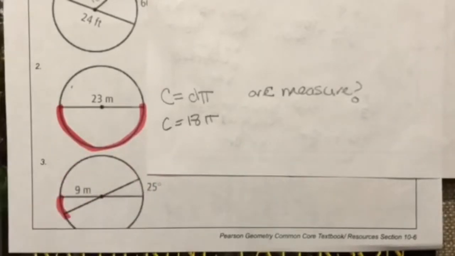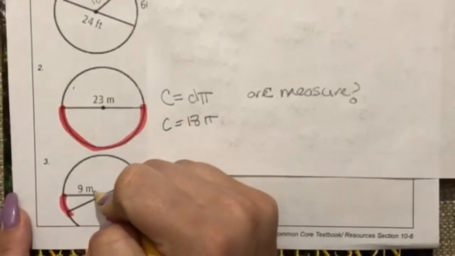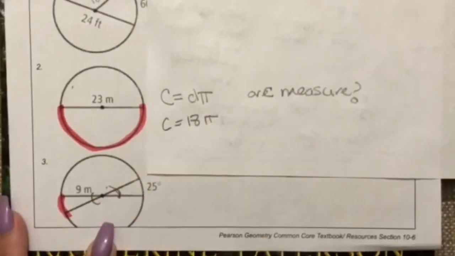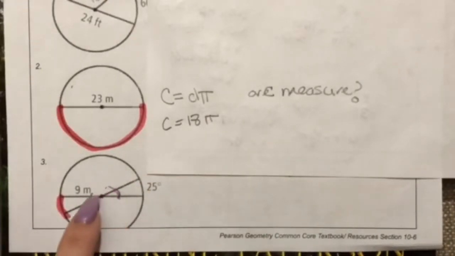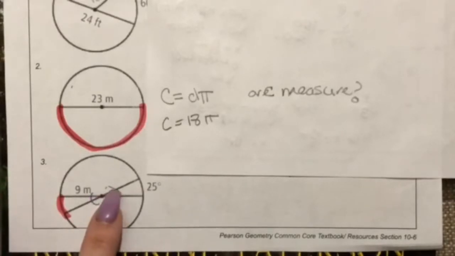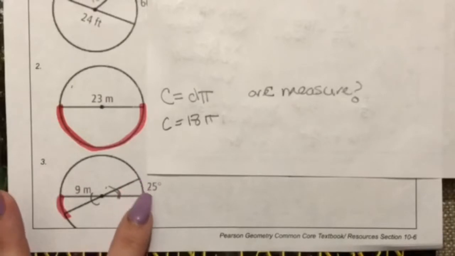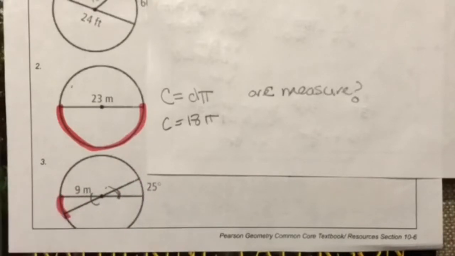As for the arc measure, I can see here that they give me this 25 degrees. And since this forms that X shape that I know you guys have seen before, these are actually vertical angles. They're equal because they share this vertex. And since these angles are equal, I can assume that this arc and this one are also both 25 degrees.